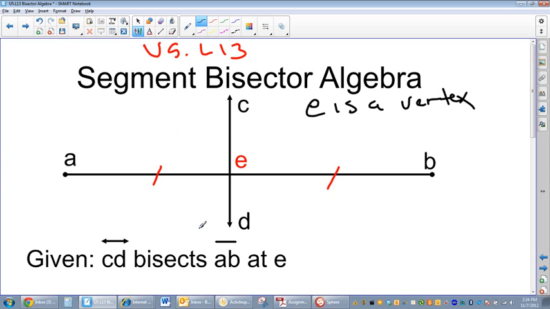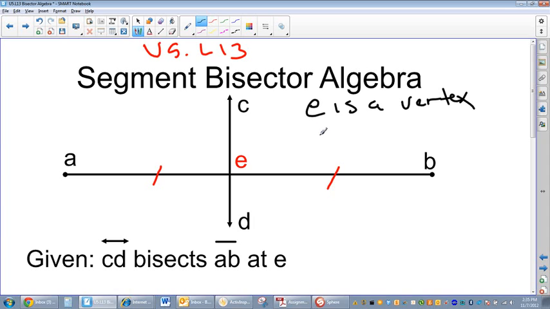Good. Tell me something else about this. What's congruent? I need you to tell me what is congruent. AE and EB.